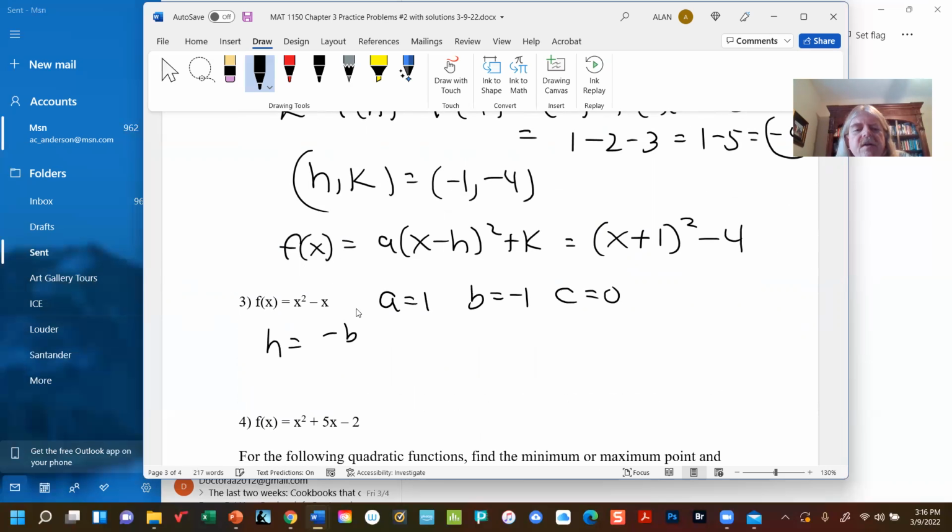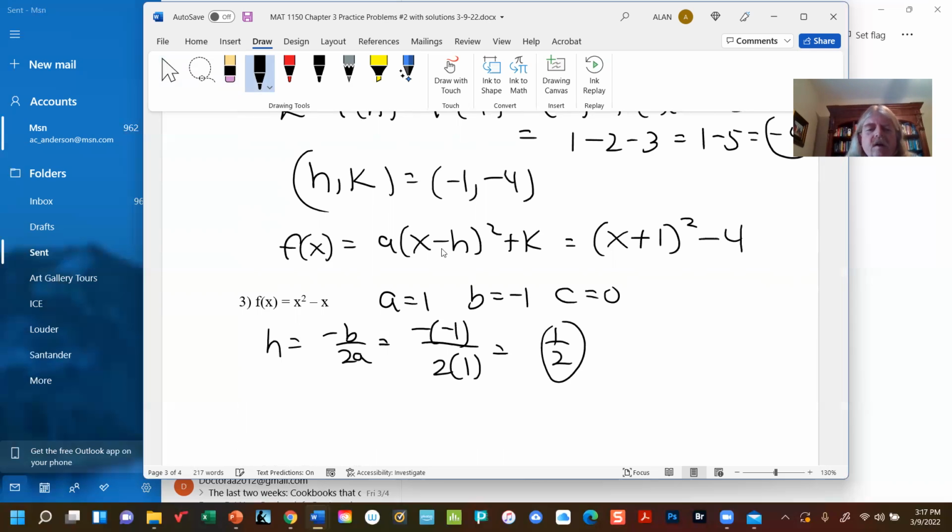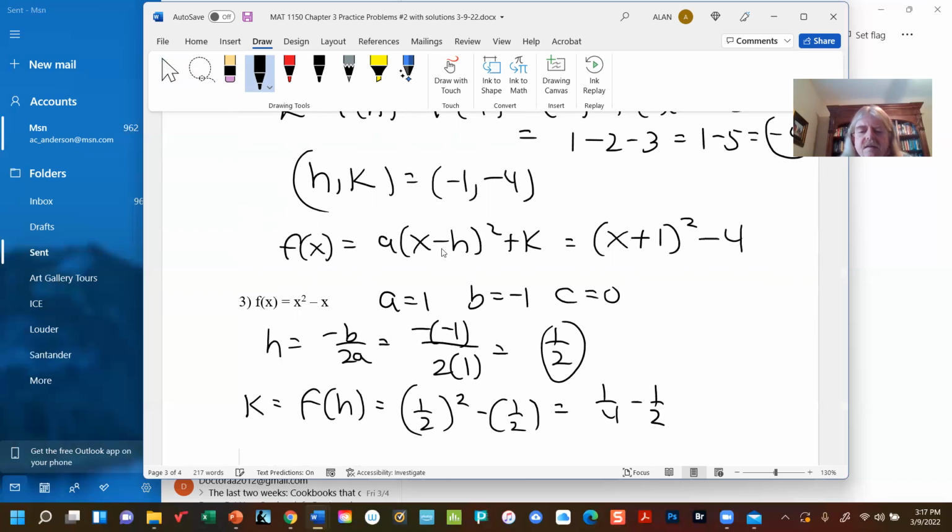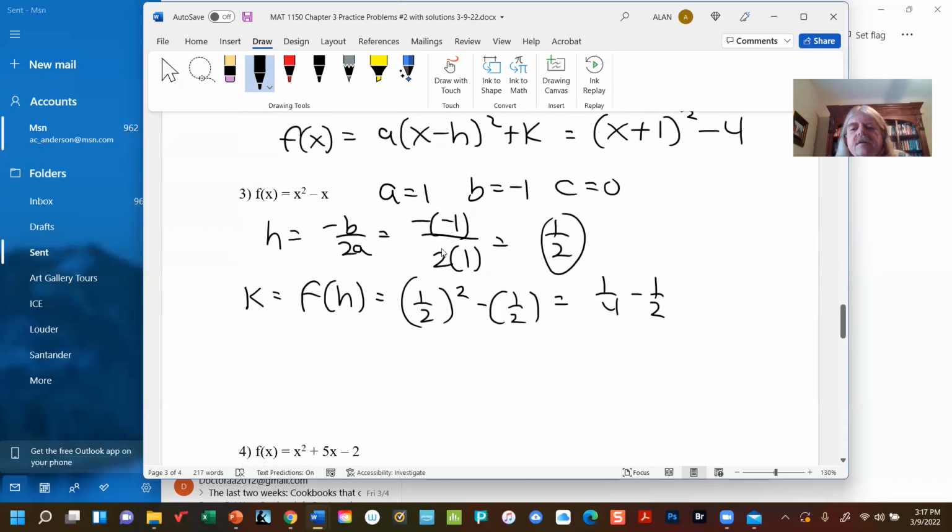So h is minus b over 2a, minus negative 1 over 2 times 1, that's 1/2, just leave it like that. And therefore k is f of h. That's going to be a half squared minus a half, which is a quarter minus a half. I can rewrite this as a quarter minus 2/4, negative a quarter.